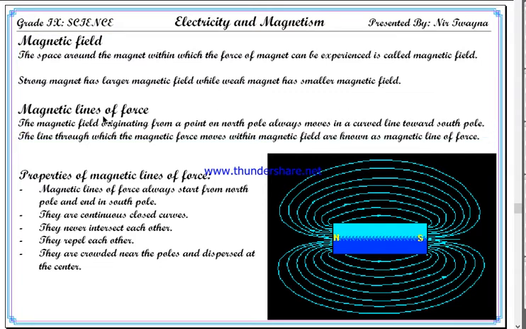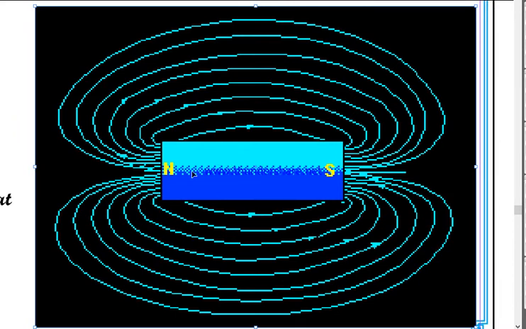And inside the magnetic field also, magnetic force cannot be felt at every point. Like you can see here in this diagram, this is a magnet and this is the magnetic field around this magnet, but you cannot feel magnetism at each and every point.